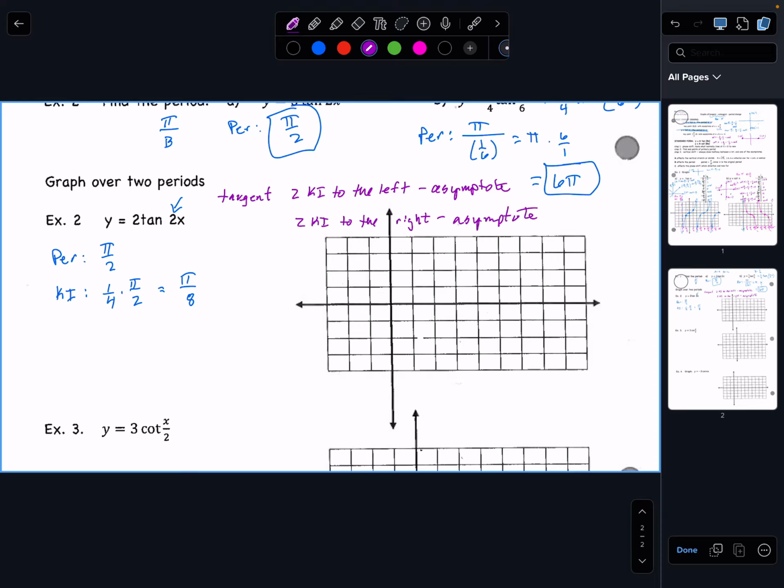They correspond with what was negative pi halves and positive pi halves, but they aren't those anymore because we've shrunk the period. And so when I find the key increment, 2 key increments to the left, negative pi eighths, and then this is a negative 2 pi eighths. For tangent, there is going to be an asymptote. And 2 key increments to the right, pi eighths, 2 pi eighths. There is another asymptote.